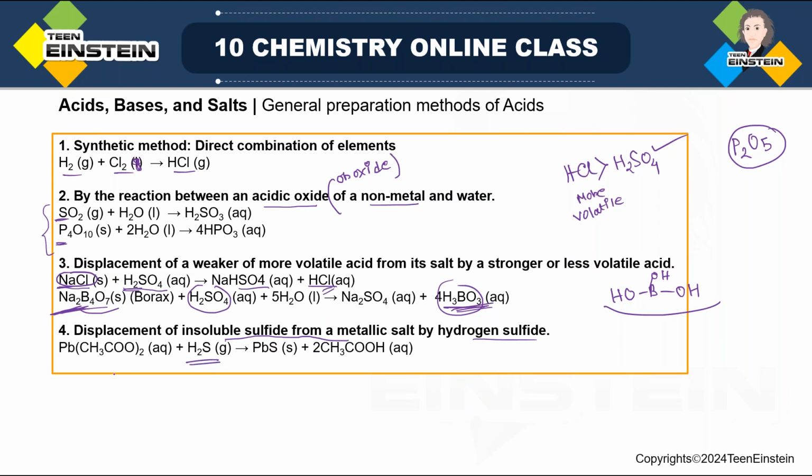Here we have, this is the metallic salt, Pb(CH3COO)2. Now CH3COOH, if I am writing its structure, it is actually like this: CH3, C double bond O, then OH. Now when this acid dissociates, it has the ion CH3COO, C double bond O, O negative. Now this is called acetate ion.